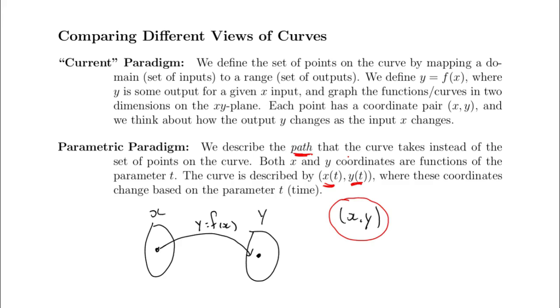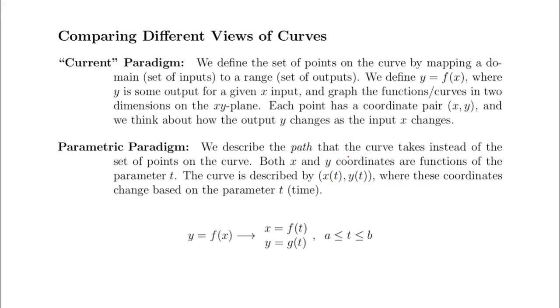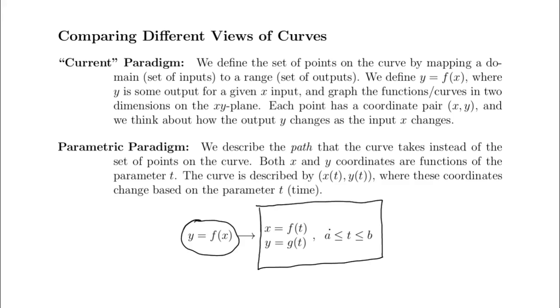That's a little bit different than what we've normally done. So normally what we'll do is we'll write in our regular kind of Cartesian setup, y equals some function of x, and now we have x equals a function of t, y equals a function of t, and we have some range of time values. Normally we start counting time at 0, which makes sense.